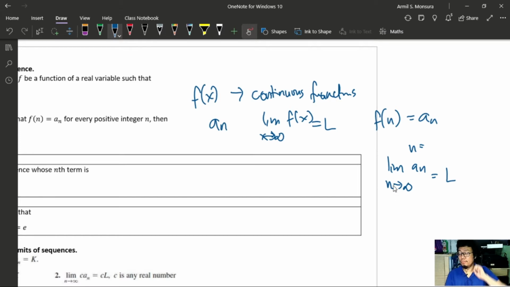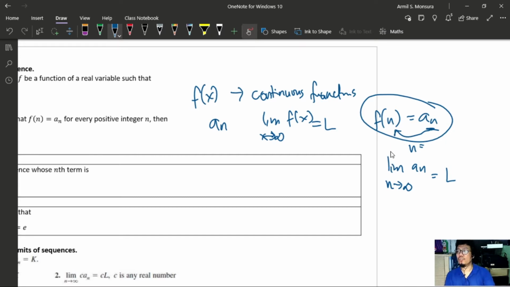It basically lays out the groundwork for allowing us to evaluate the limit of discrete functions such as a sub n by comparing it to a continuous function, as long as this equality holds, that the terms of your a sub n correspond to the values of your function at n.